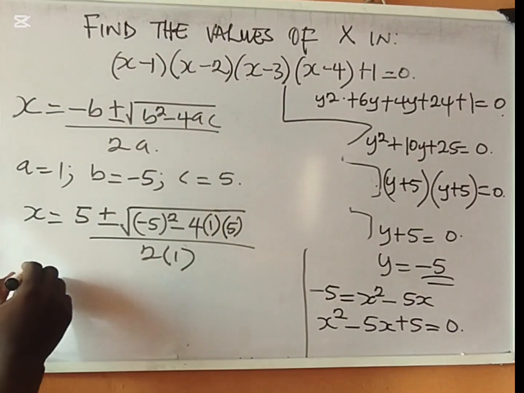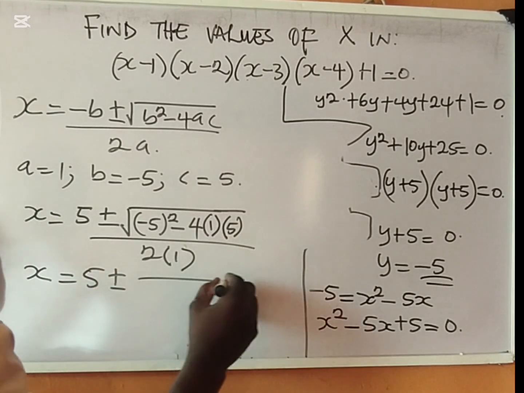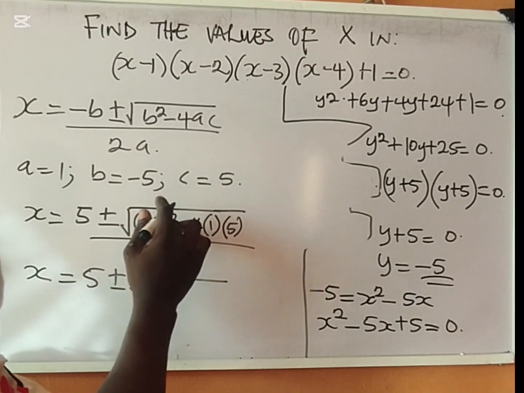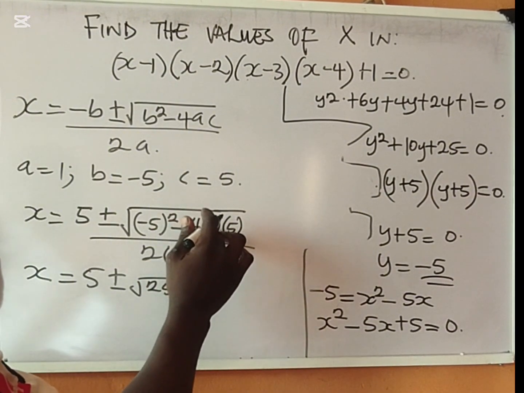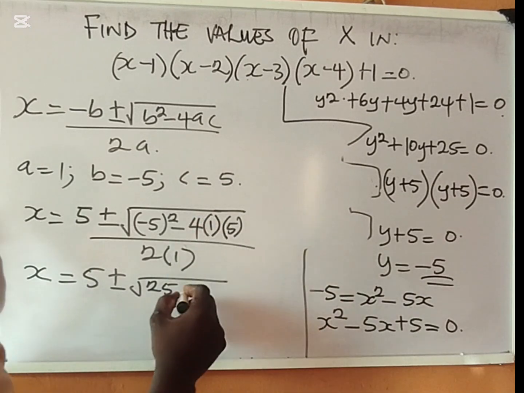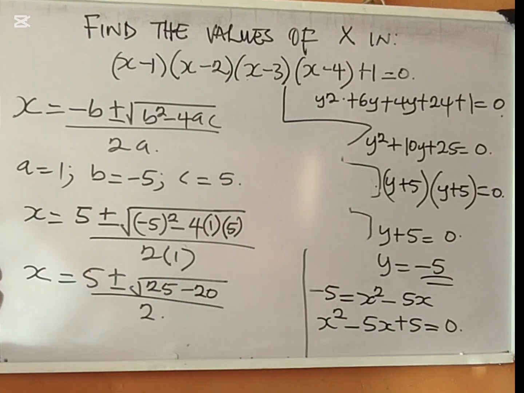So let's go further. We'll have x is equal to 5 plus or minus root of minus 5 squared is 25. 4 times 1 is 4. 4 times 5 is 20. This will be minus 20 divided by 2.